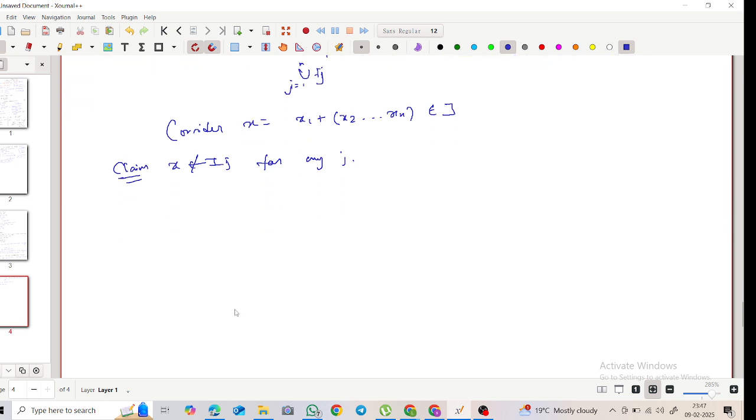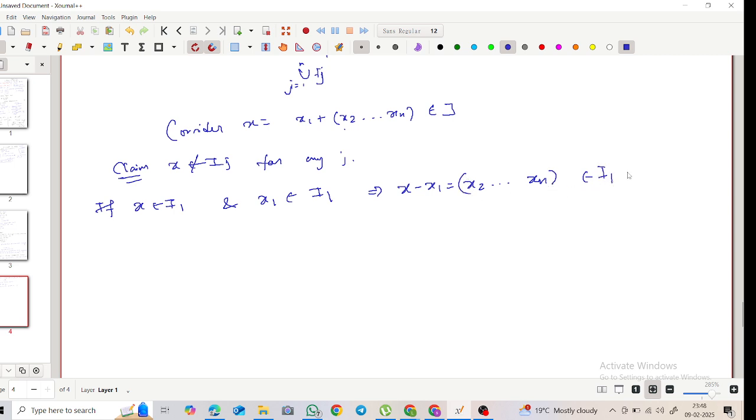How to prove it? So if x belongs to I1, and x1 is in I1, you have x minus x1, which is this product, in I1, right?